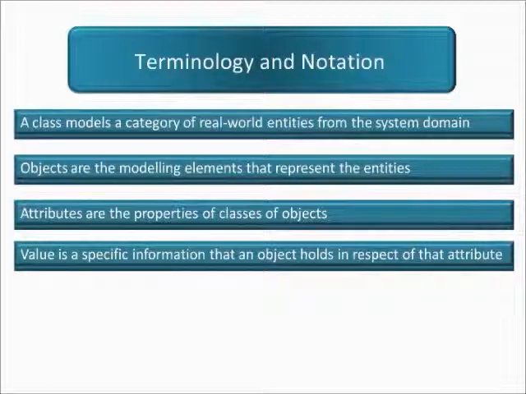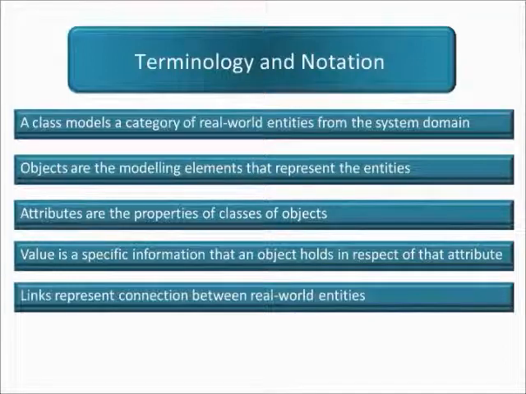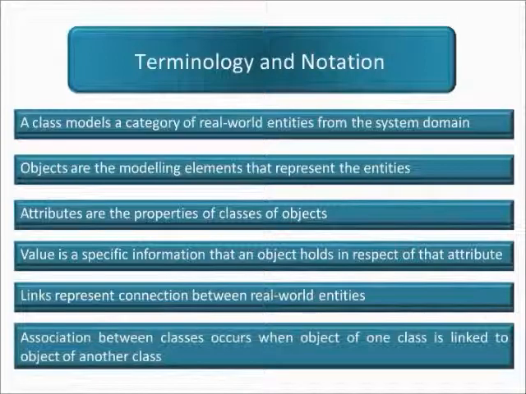For example, the color attribute of an object representing a particular car may have the value red. Objects may also have links to one or more other objects, representing connections between real-world entities. If objects of one class can be linked to objects of another class, there is an association between the classes.